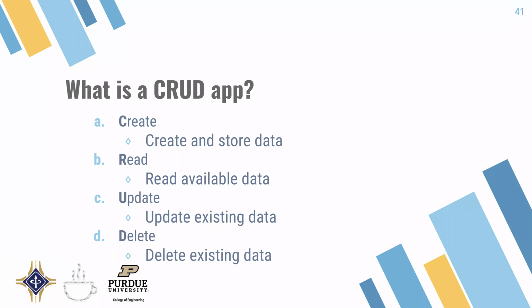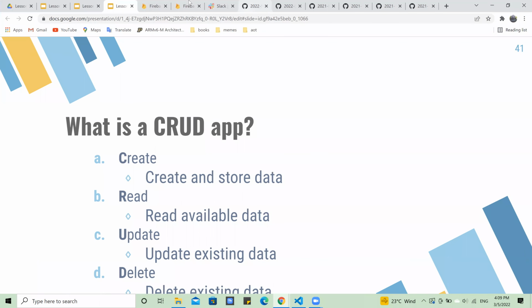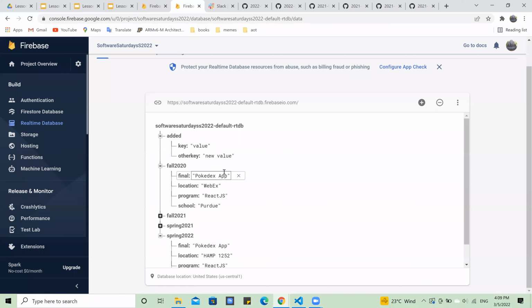And the fourth is delete existing data. We want all four actions to be possible within our program. That's literally the purpose of a database program. If you can't do all of these, it's like the database isn't actually working. You can just go directly up here and manipulate it. You don't really need to touch your JavaScript if you can't get all the functionality.